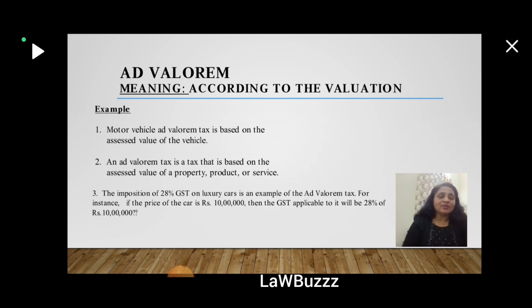You can just calculate it. So this is a simple example to explain ad valorem, that is according to the value of the product or property or service, the tax is charged. This is ad valorem.